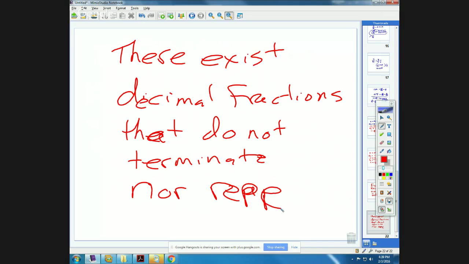The most popular example of such a number is pi. Wait a minute. If they don't terminate and they don't repeat, they can never be written as a fraction. That's the consequence. There are some numbers that don't exist as fractions.